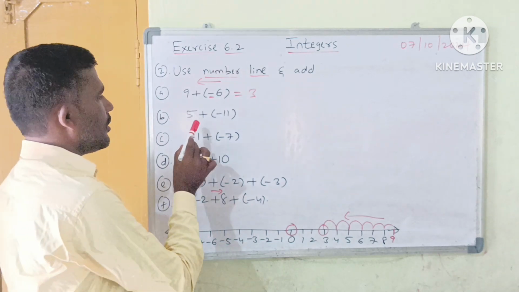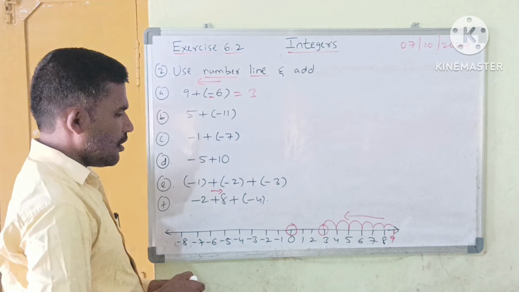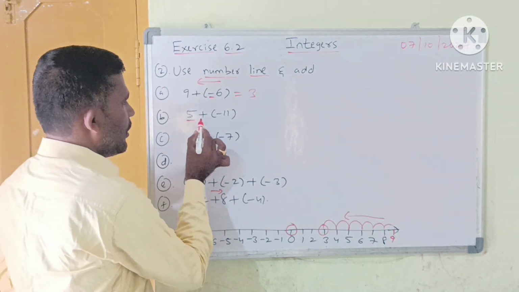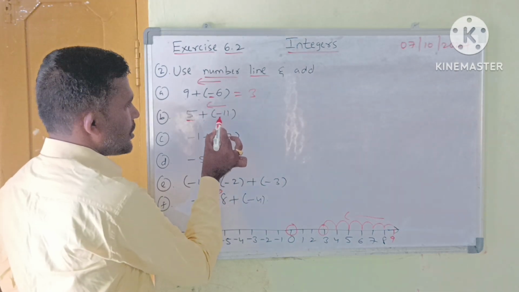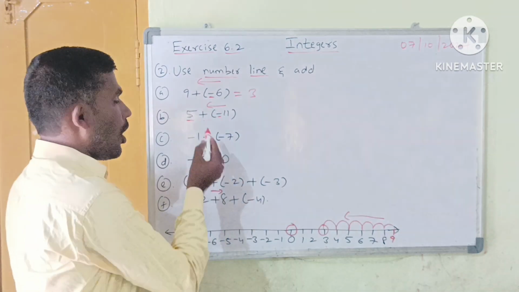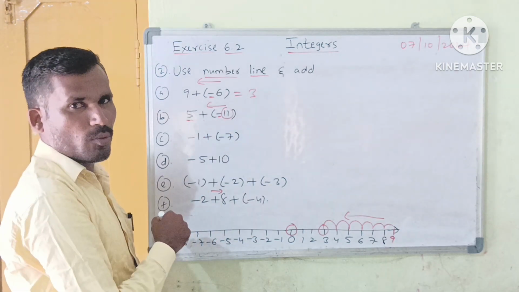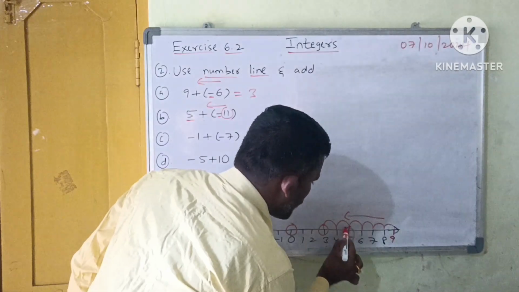Next, second, 5 plus minus 11. So from the 5 you have to move to the left side. Here also left side because he given the negative. How many steps you have to move? 11 units you have to move to the left side. So 5 is here.